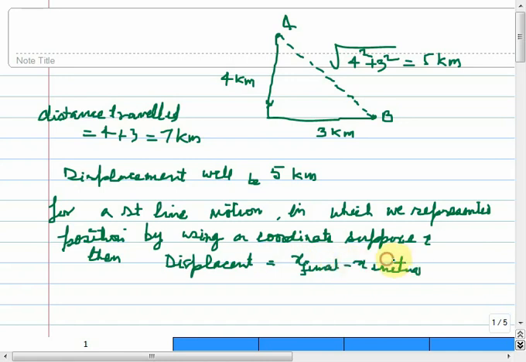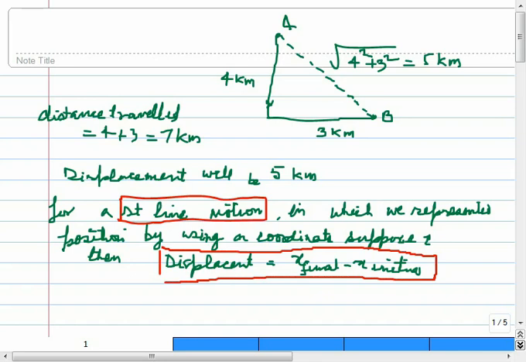This is only for a straight line. Kindly note that it is only for a straight line motion. Displacement is the final coordinate of the body minus the initial coordinate of the body. Final coordinate minus initial coordinate.